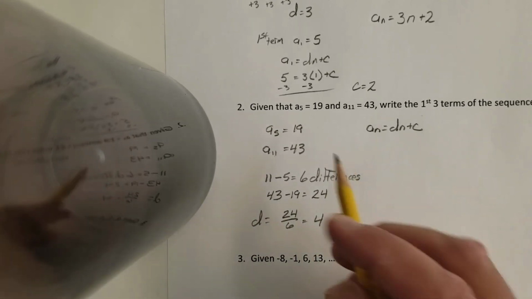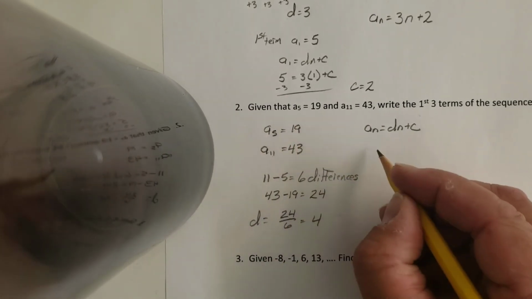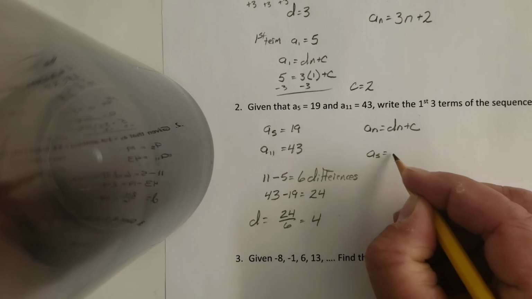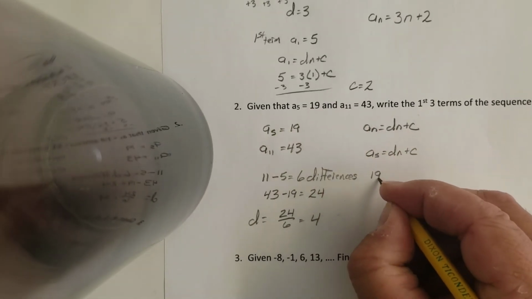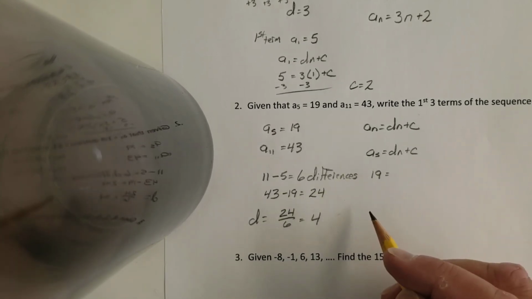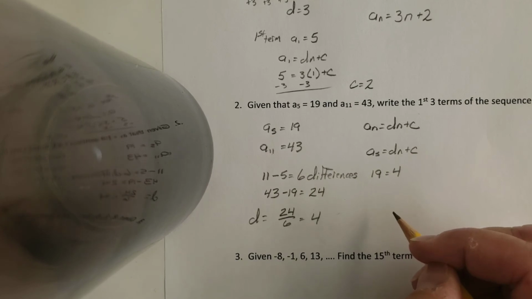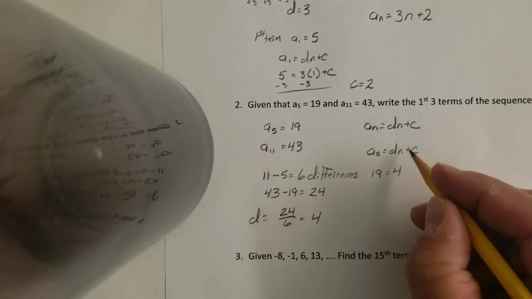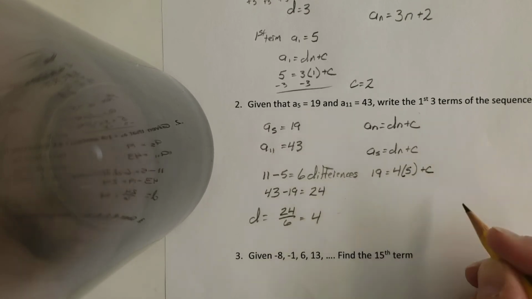Okay? Now, using any of these, I'm going to use a sub 5. So if we know a sub 5 is dn plus c, a sub 5 is 19. We have my difference is 4. I'm sorry, the term number is 5 plus c.